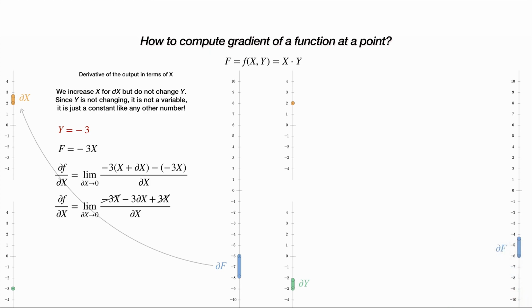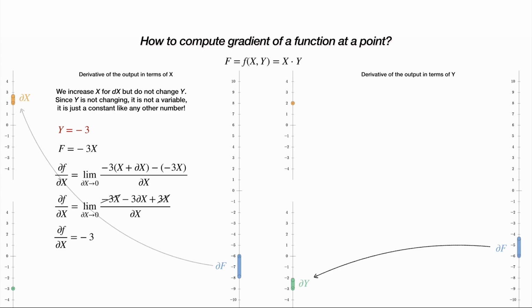It will be a very small number, but never 0. Therefore, just as we can cancel 5 with 5, we can cancel delta x with delta x. Then we end up with delta f over delta x equals -3. So the first partial derivative of the function f of x, y equals x times y at the point 2, -3 is -3.